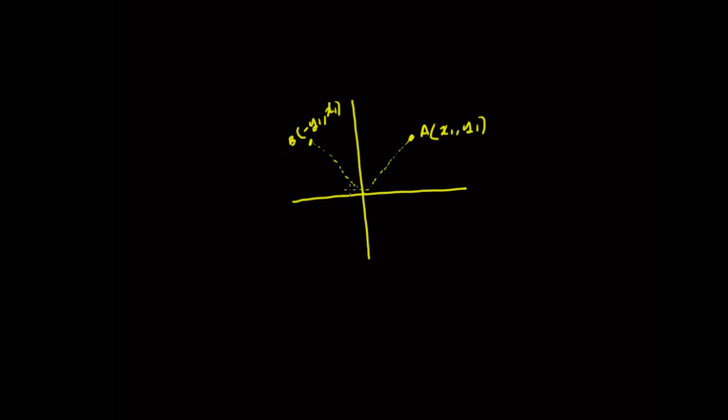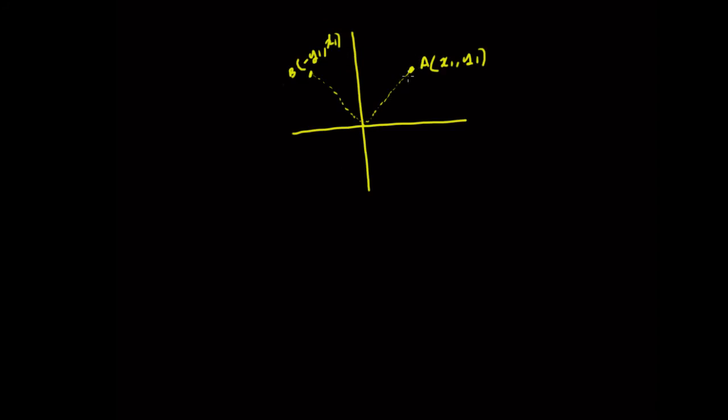Now you can get in there and check it out in the graphical calculator yourself if you don't believe that. Now if we were to say the gradient of this line here, we'll call it OA, so that's the gradient from the origin to that point A. It's just going to be equal to y1 minus 0 upon x1 minus 0.